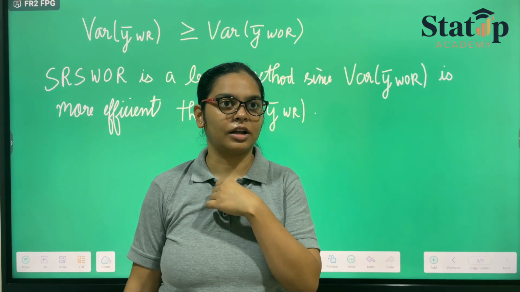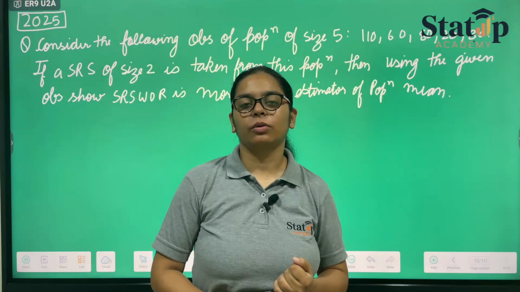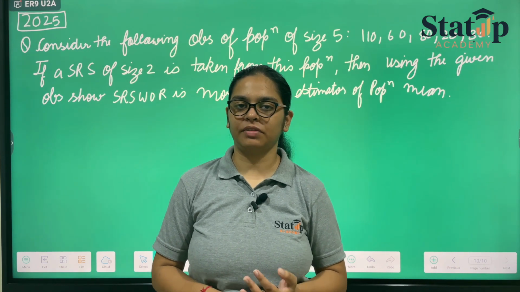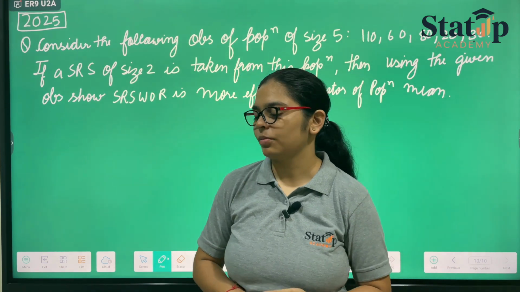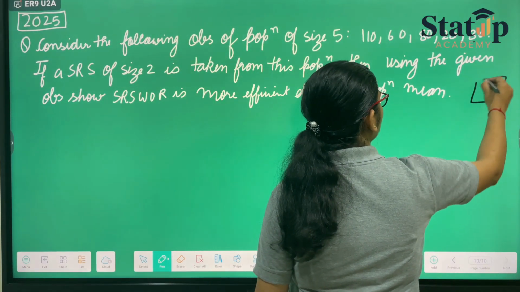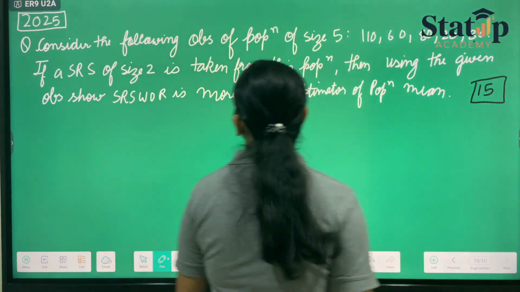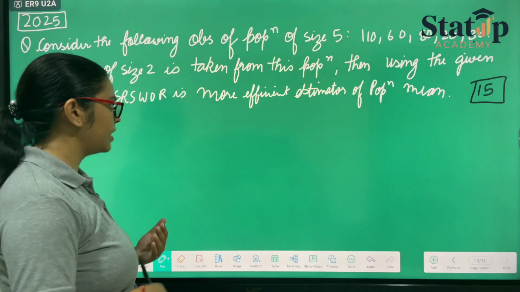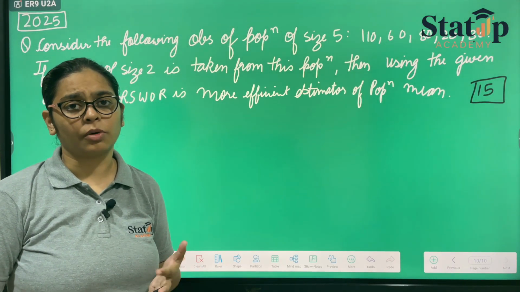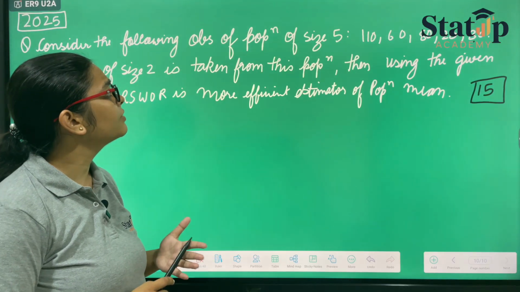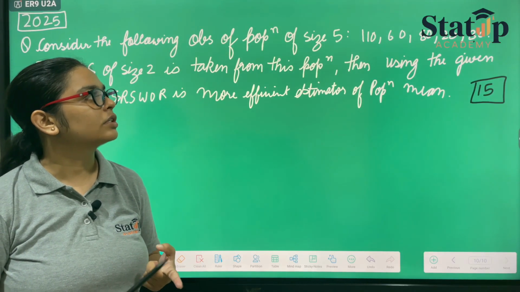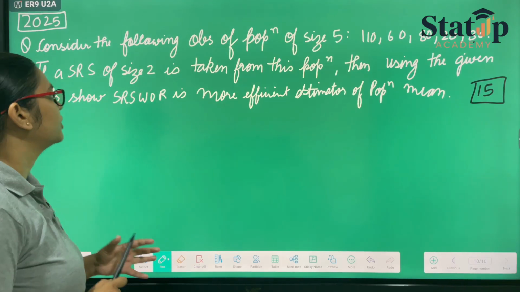Now we will cover a question of 2025, which is a PYQ, which came recently in your paper regarding the same topic, and it was of 15 marks. The question says: a five-sized population having 110, 60, 80, 20, and 30 observations.